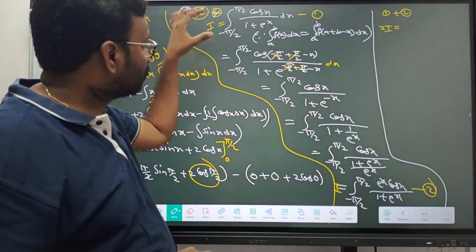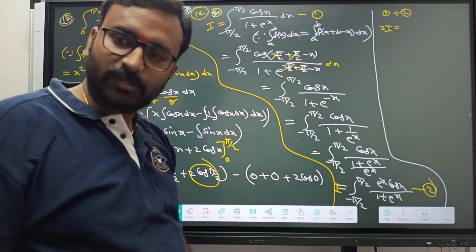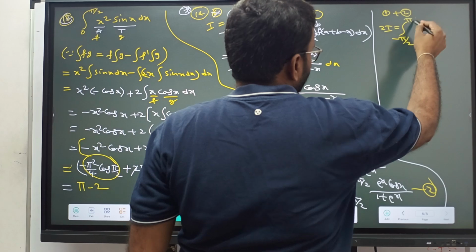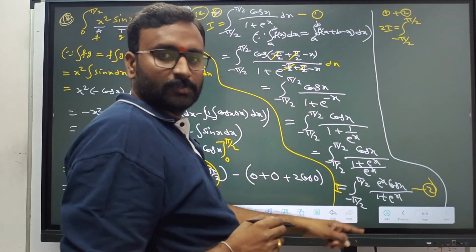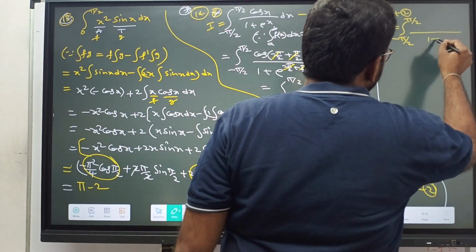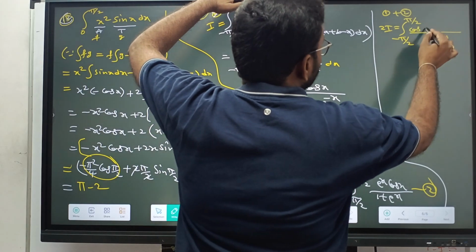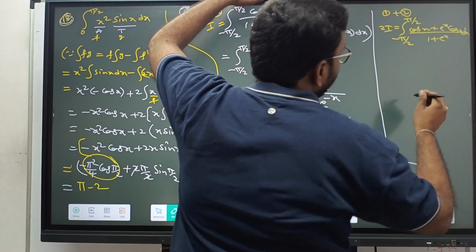If you observe these two, the integration part is the same, minus pi by 2 to pi by 2, so I am taking it common. The denominator is also the same, so we take 1 plus e power x. The numerators are different: cos x, and e power x into cos x, dx.